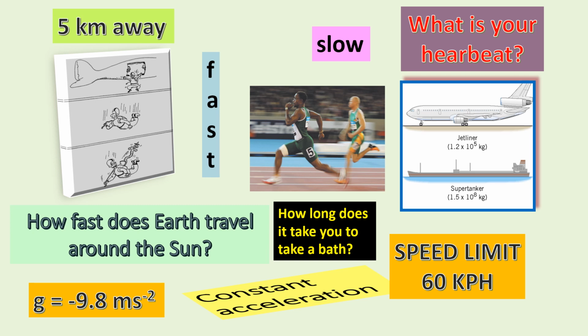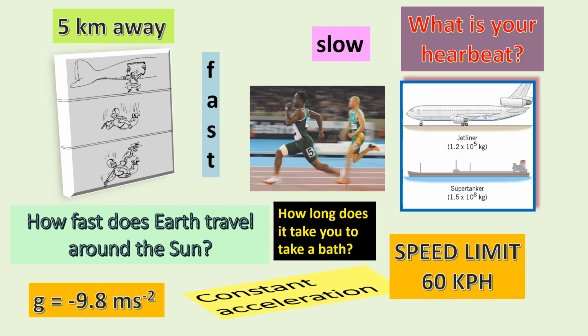How does an object move requires us to know the distance traveled by the object. So when you say 5 kilometers away, that is a description of distance. How fast does the Earth travel around the Sun is another example of knowing the speed of the Earth as it travels around the Sun.